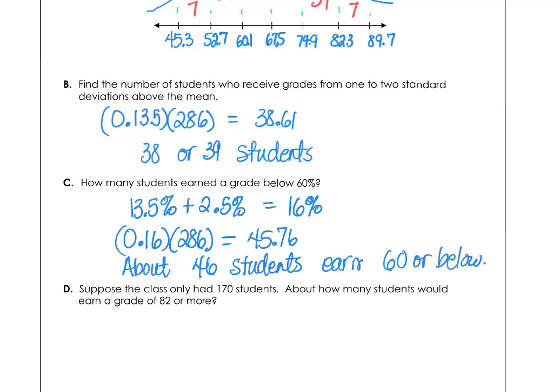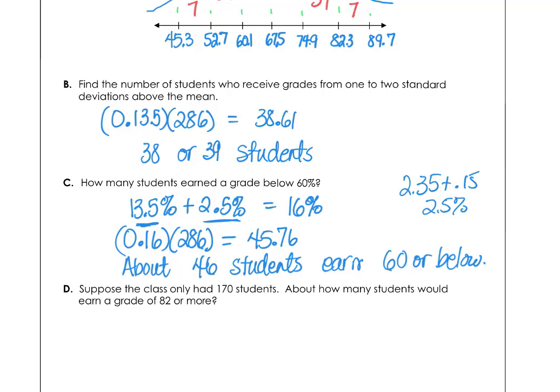And I'm getting the 2.5% by taking the 2.35 and that little tail of 0.15 and getting 2.5% for this portion. This 13.5 is within 2 standard deviations.